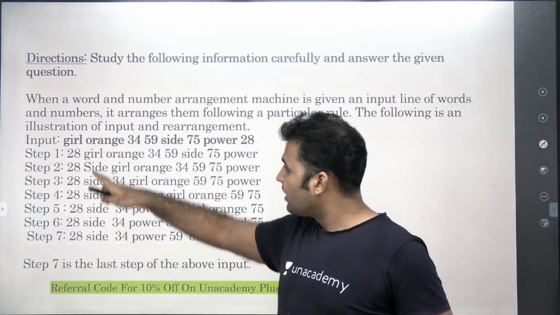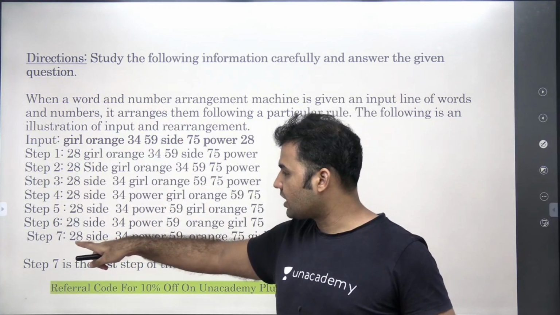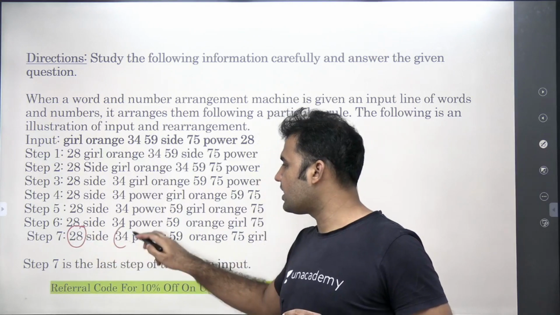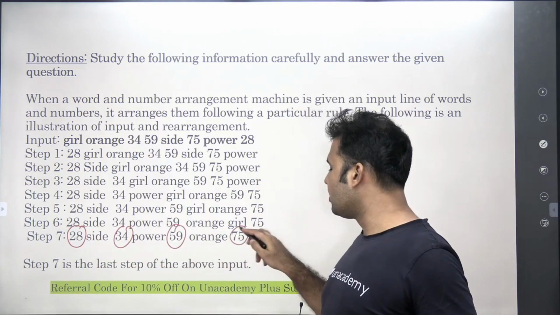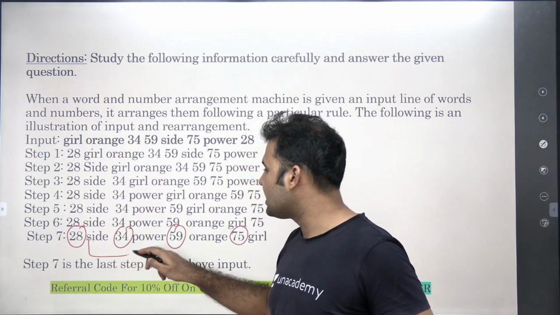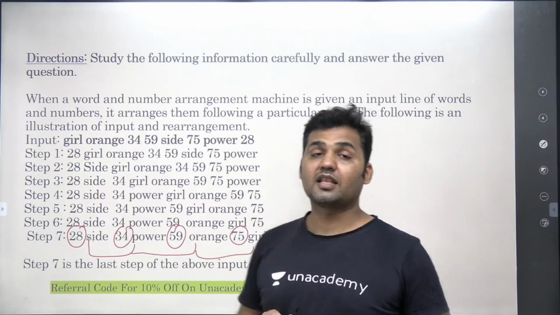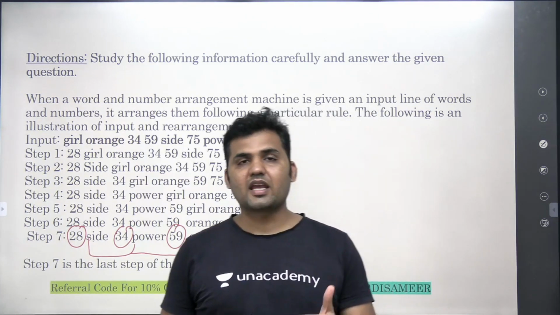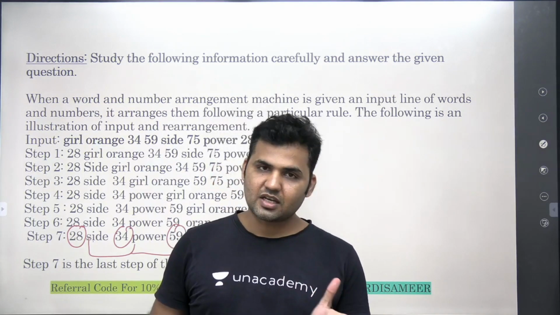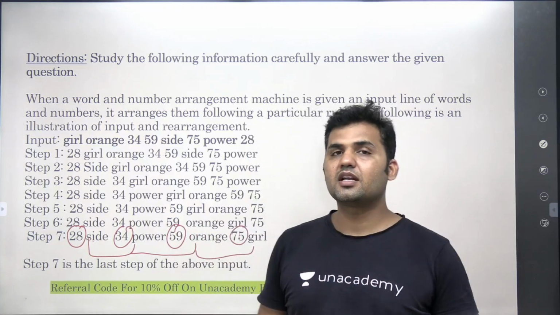You see that the difference between this input and the final output is that in this particular case, all the numbers are in increasing order, and if you look carefully, the first letters of these words are in decreasing order: S, P, then O, and then G. That means the ultimate final output of a particular input is when the numbers are arranged in increasing order and the alphabets are arranged in decreasing order.